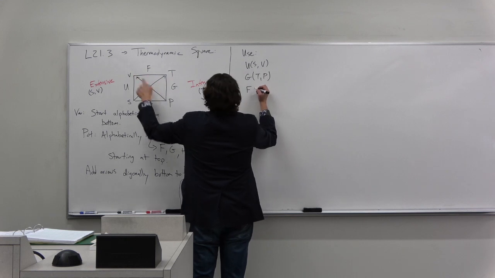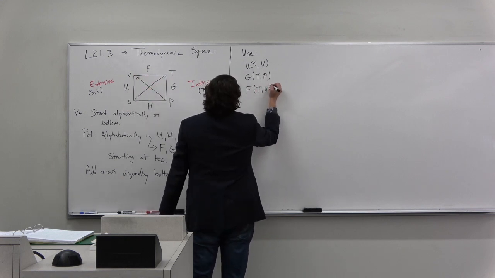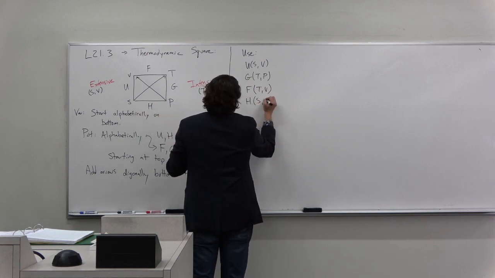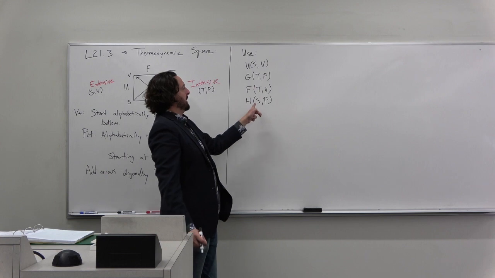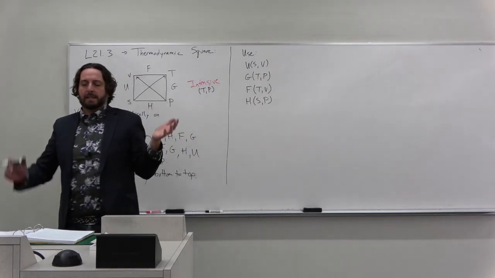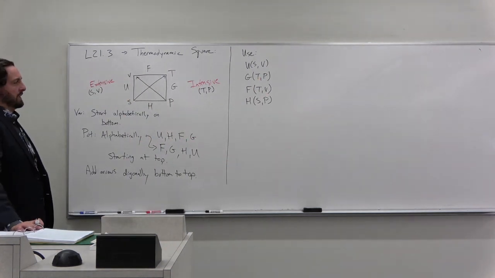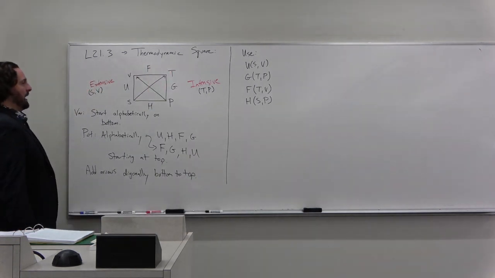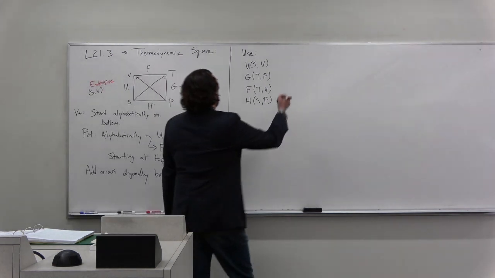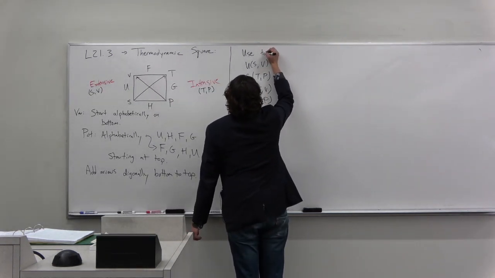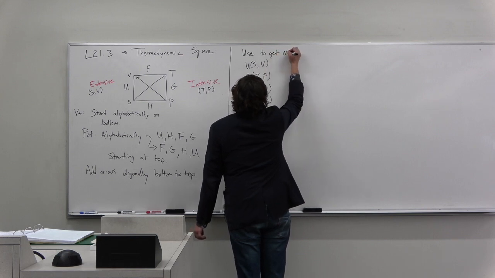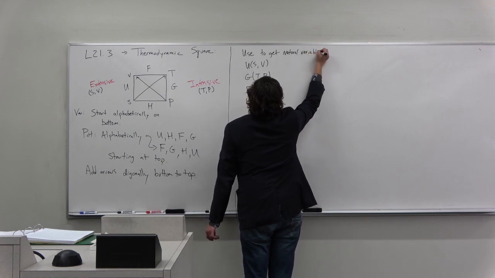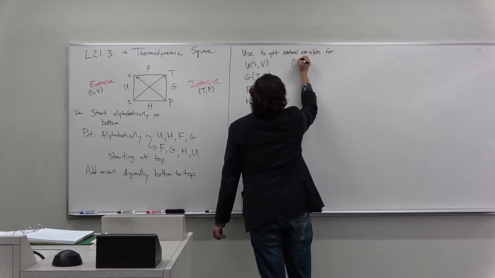Well, it was T and V, or V and T. Oh, look, H was S and P. I just put the thermal variable first and the mechanical variable second. That's just my approach, but it doesn't matter technically which way you write that. All right, so we can get natural variables for potentials.